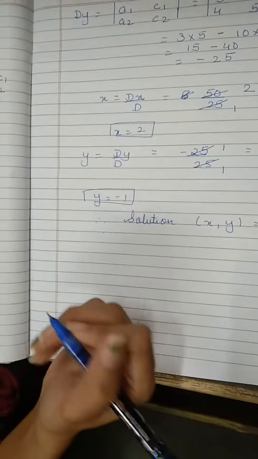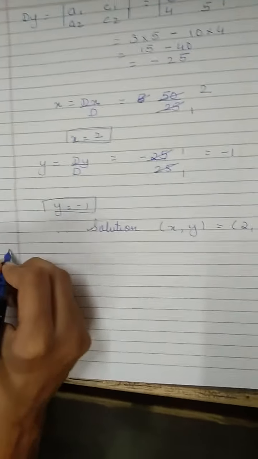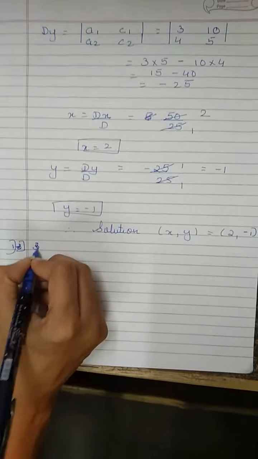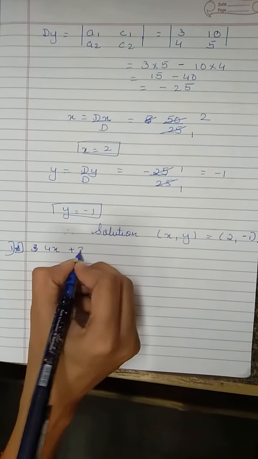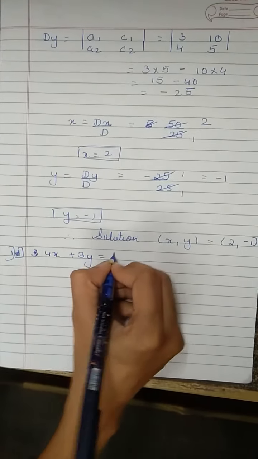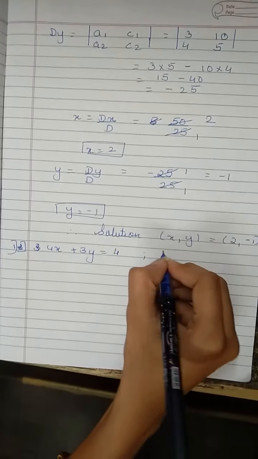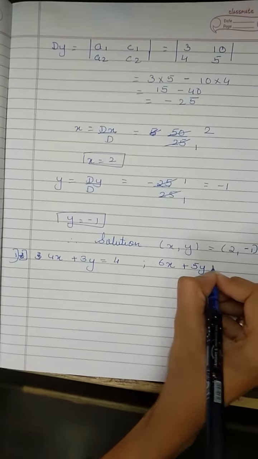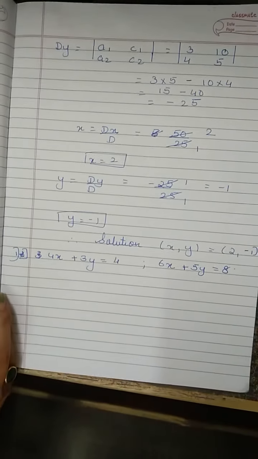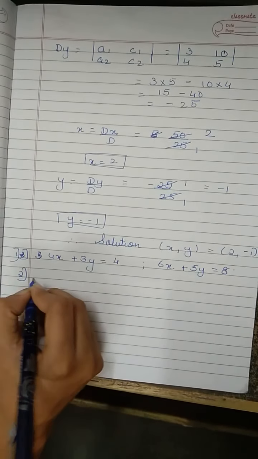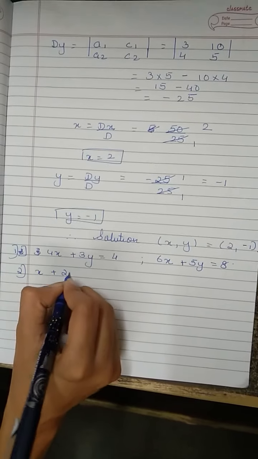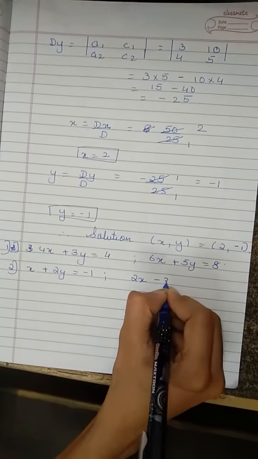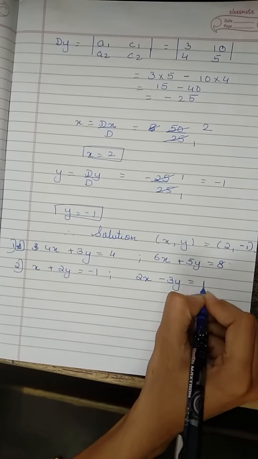There are some examples which you all have to solve for your homework. First one: 4x plus 3y is equal to 4, 6x plus 5y is equal to 8. Second example: x plus 2y is equal to -1, 2x minus 3y is equal to 12.